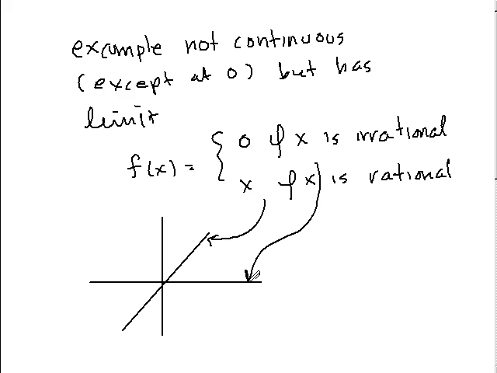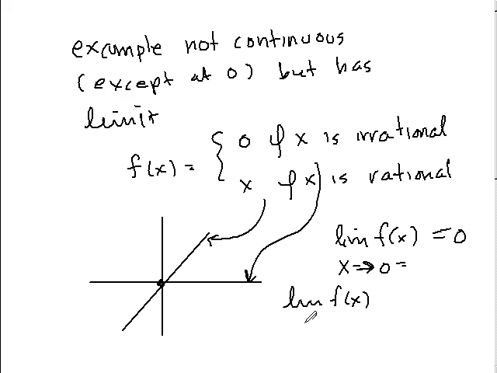Now it has holes in it because at all the irrational numbers it's 0. So clearly, the function cannot have any limit other than 0. Now at 0, it does have a limit because both of these cross there. So the limit of f of x as x approaches 0 is what? It's got to be 0, right?